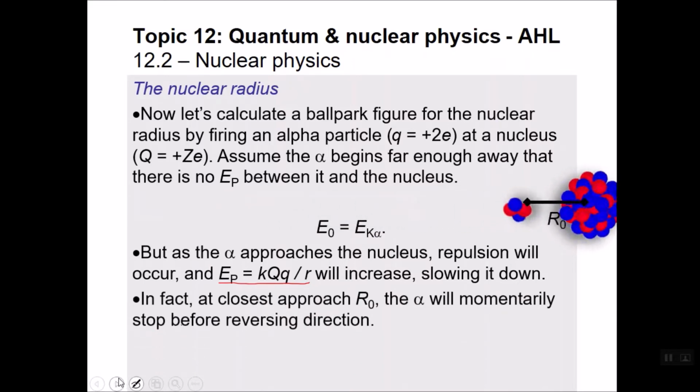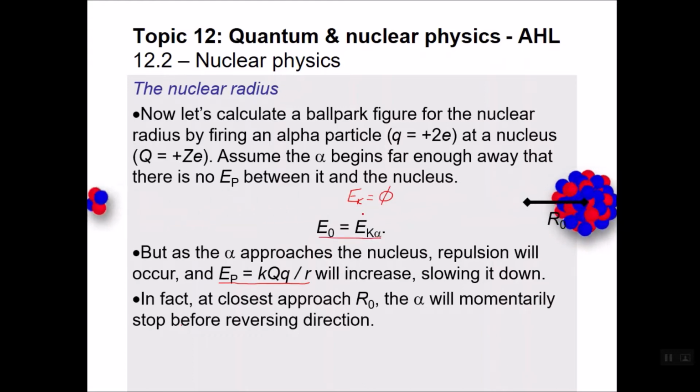Okay, now at this moment, at R naught, the alpha particle will stop just for an instant right here before it takes off back. So at that moment, the kinetic energy of this is equal to 0, right? It says so right here.